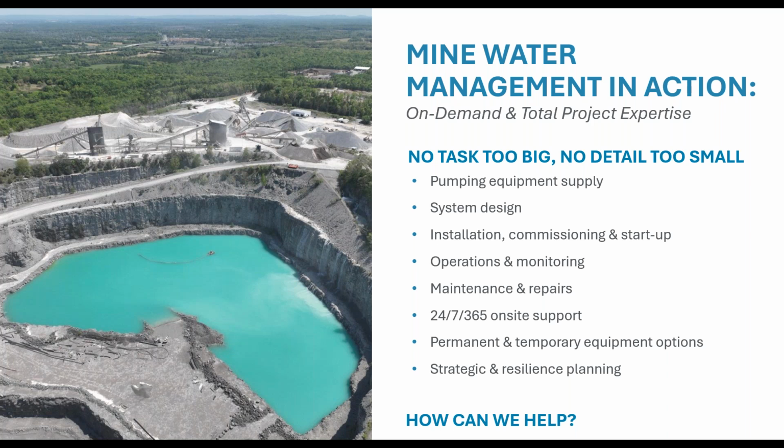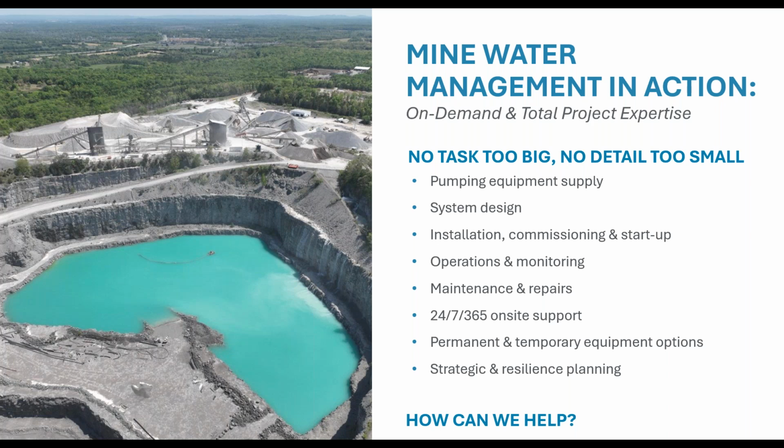If the question was specific to vertical turbine pumps, we see a lot of the difference in the size of the pumping application. If it's really high flows or really high head requirements, vertical turbines probably are going to be more beneficial because we can add stages that add pressure or add that discharge head capability, versus a submersible pump, which is typically a single stage, in some cases a two-stage configuration.